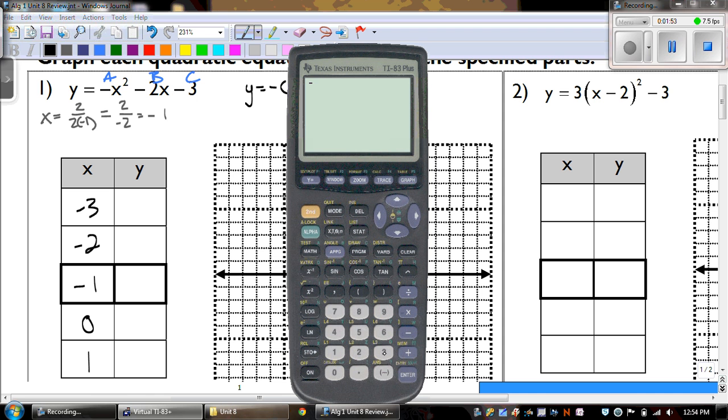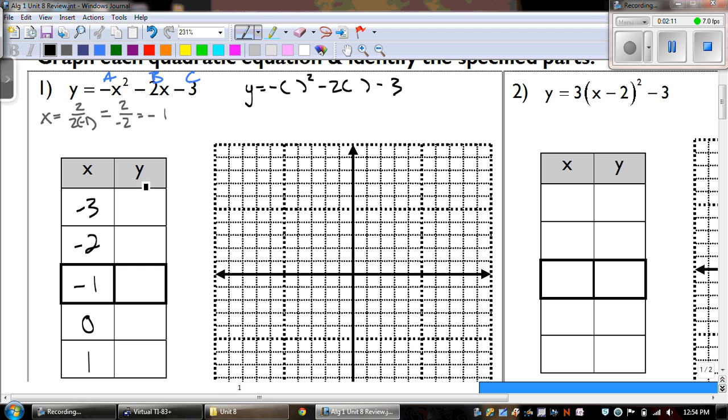There's the negative sign first, and then you need to plug in, say, negative 3 squared minus 2 times negative 3 minus 3. Okay, and we get negative 6. So I know that that's negative 6. Why don't you guys pause the video and fill the rest of that out?